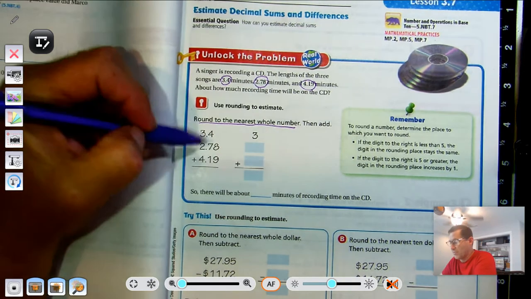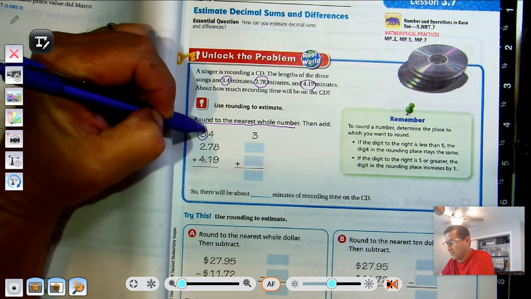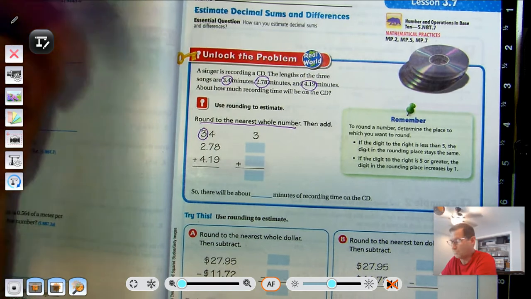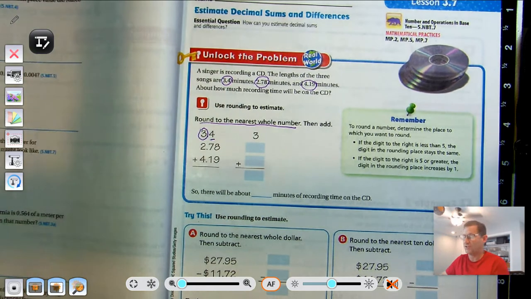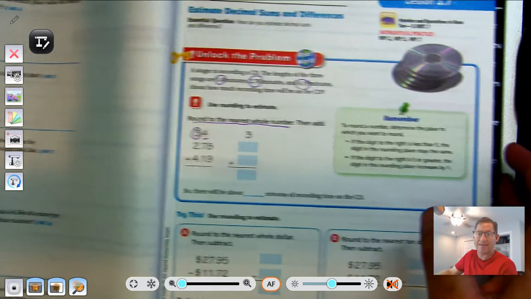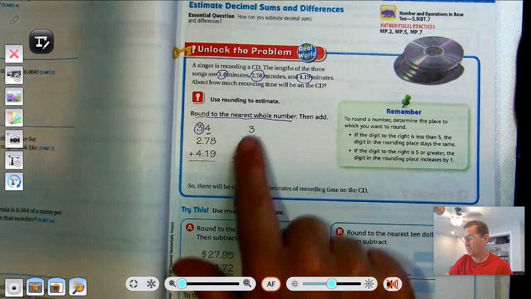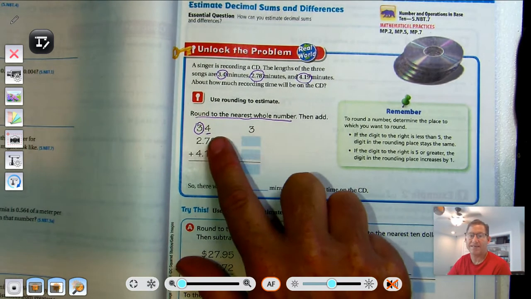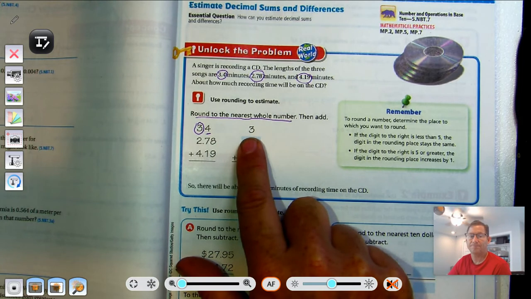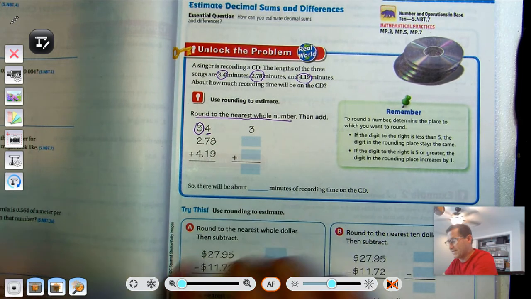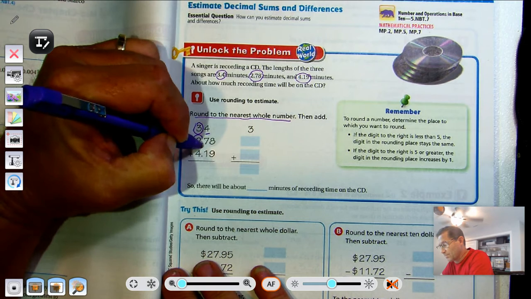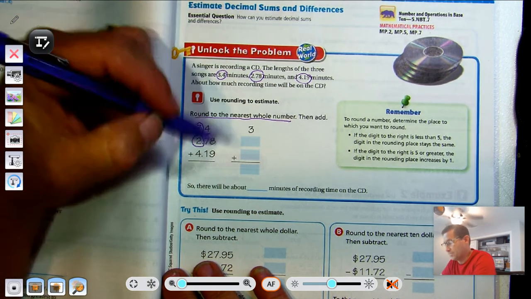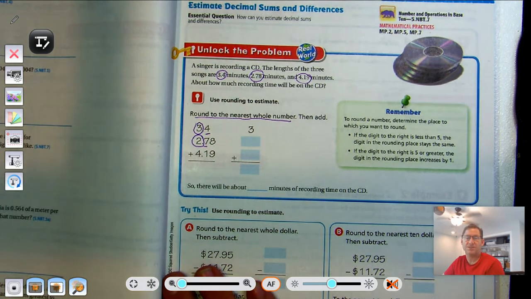All right, so 3.4. I want to round to the 3, the ones place. I look to the digit to the right, and it's less than 5, so I round down, which means basically keep the digit the same that we're rounding to. 2.78, we want to round to the 2, look to the digit to the right, which is 7.